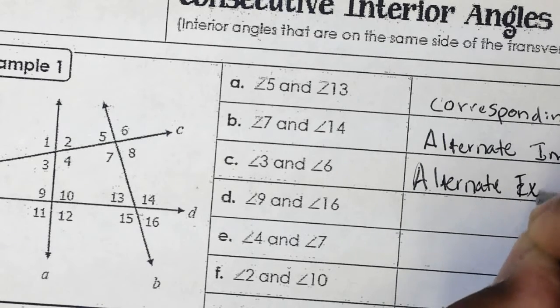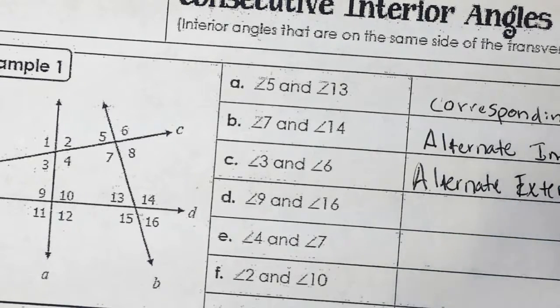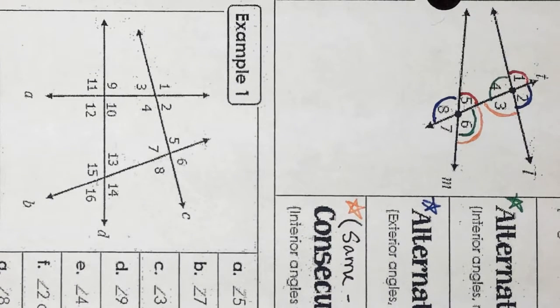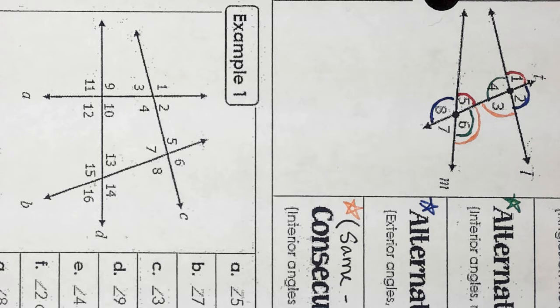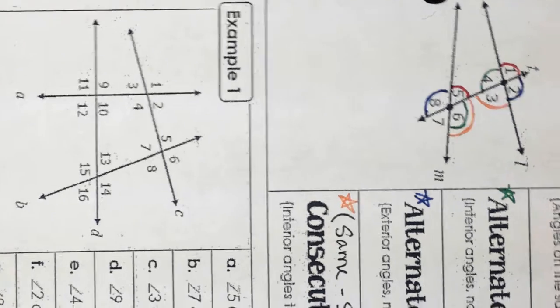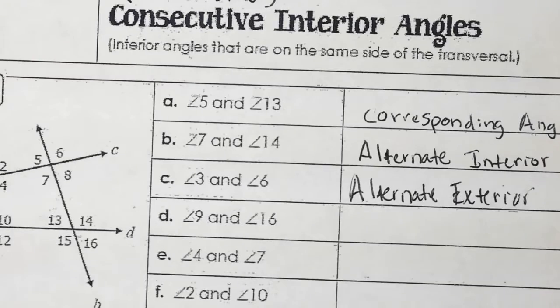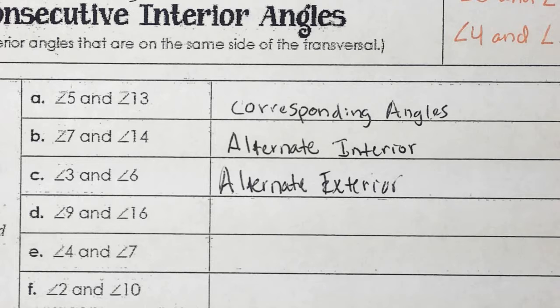Let me show you how you should have been looking at this though, alright? Turn this way. 3 and 6. If you look at it this way, you should see them as alternate exterior angles. Then after that, Chris next, angle 9 and angle 16.